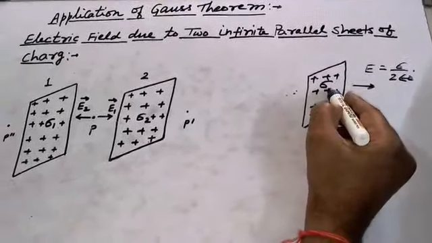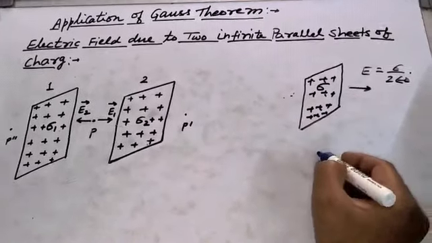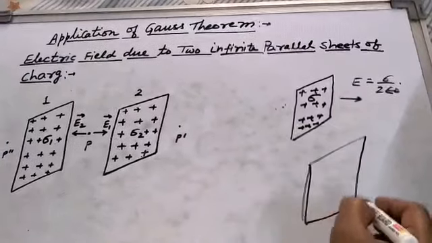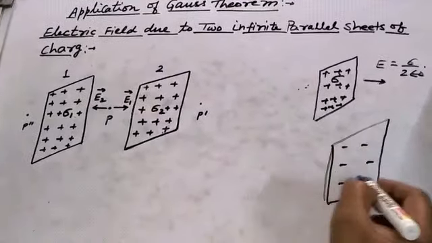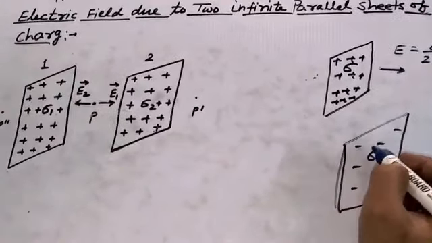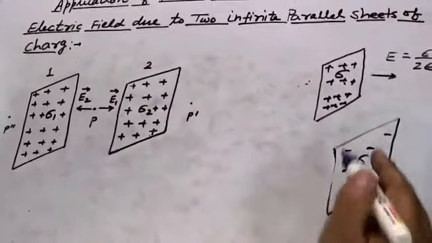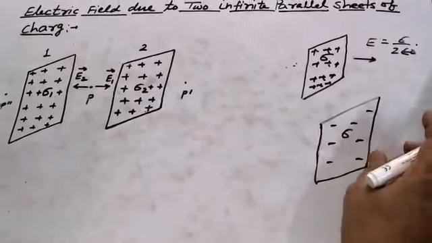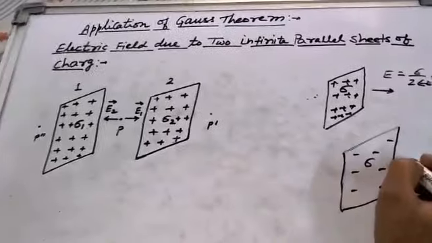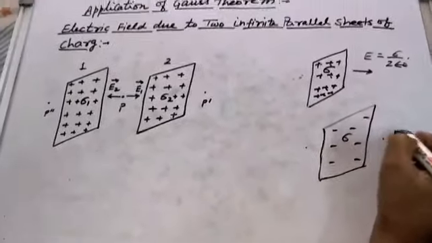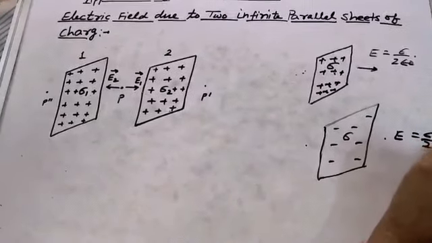And if the charge is negative, suppose for this sheet here the charge is negative, and suppose its surface charge density is sigma, then in the same way the electric field due to this sheet of charge at any point near it, either this side or this side, is given by E is equal to sigma upon 2 epsilon naught.